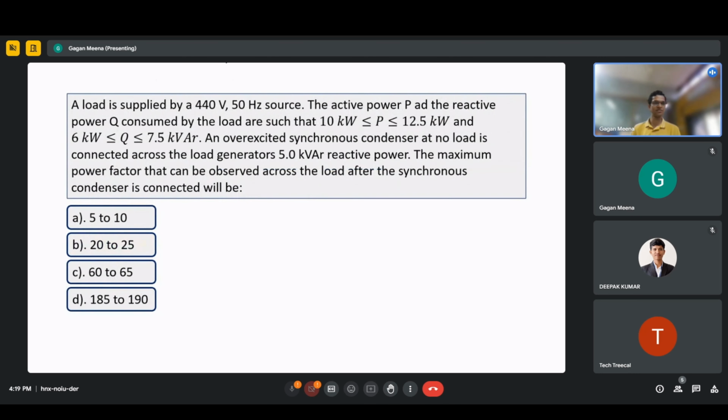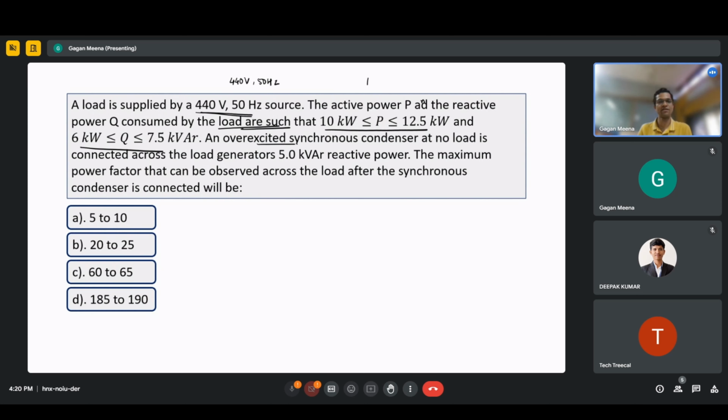So next is this question. The load is supplied by a 440 volt, 50 hertz source. The reactive power and active power consumed by the load are such that P is between 10 to 12.5 and Q is between 6 to 7.5.